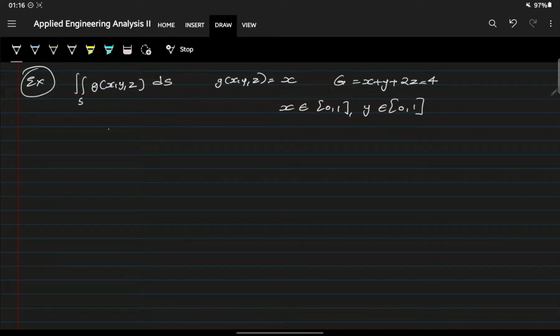So if we look into the picture, from the equation we have, if this is x, this is y, and this is z, I have 1 unit on x, 1 unit on y, 2 units on z.